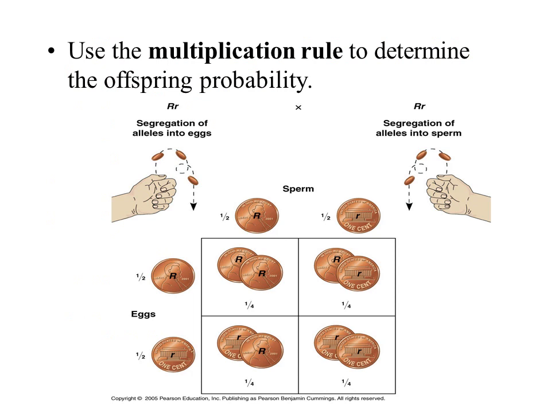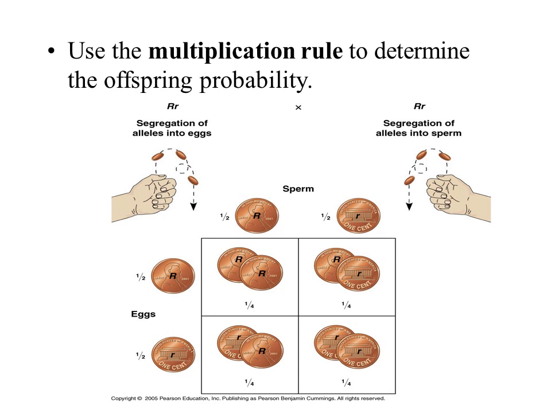Use the multiplication rule to determine the offspring probability. The multiplication rule is just going to utilize pennies. We're going to flip coins. And flipping the coin is equivalent to having 2 types of variations.